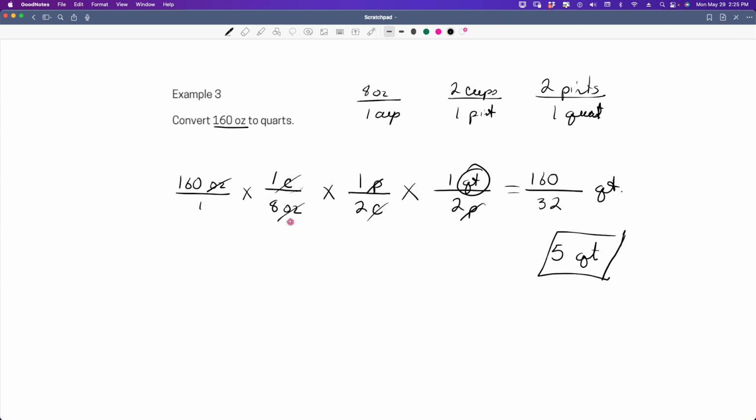So if you struggle with, do I need to multiply to go from one unit of measure to the other, or do I need to divide to go from one unit of measure to the other? This takes care of that. It answers the question for you. You don't have to remember whether you're supposed to multiply or divide, because this does both of those in one step.